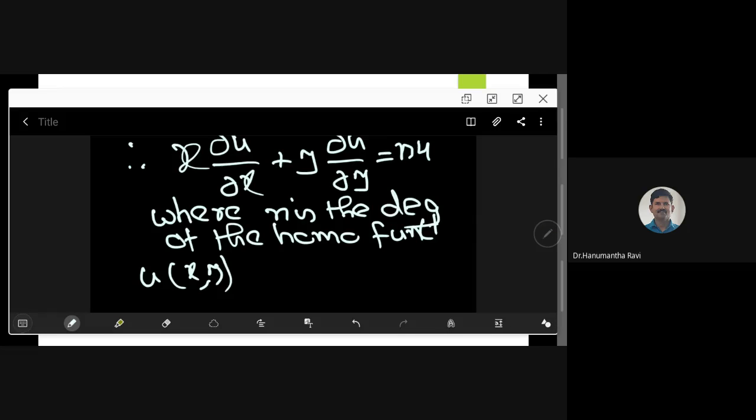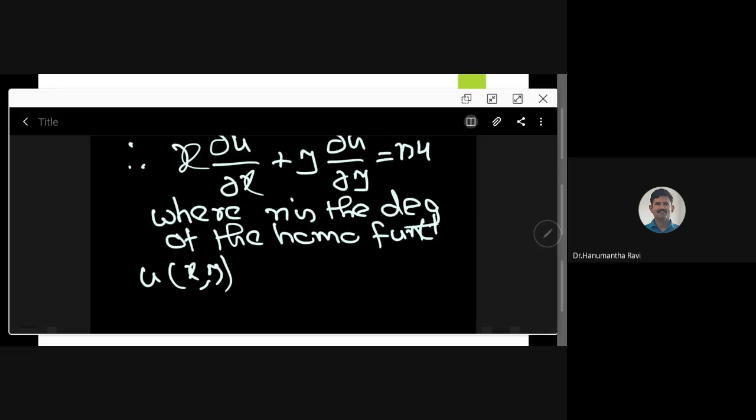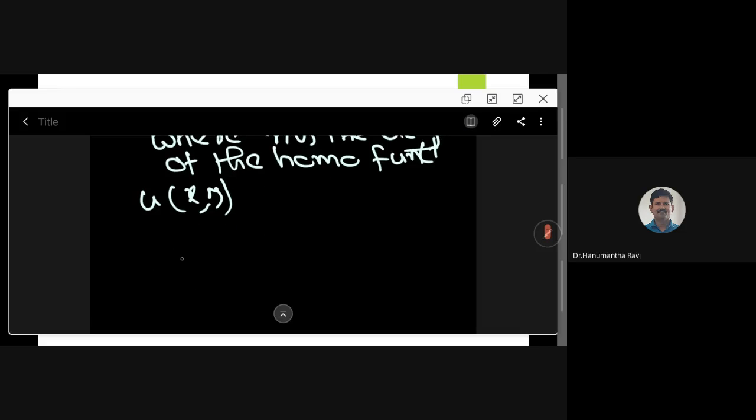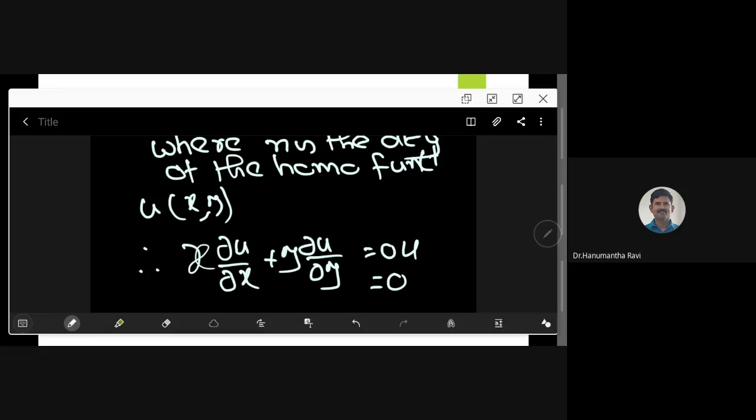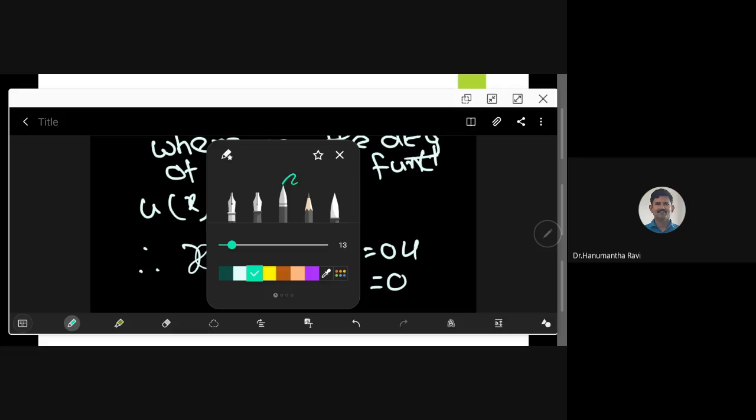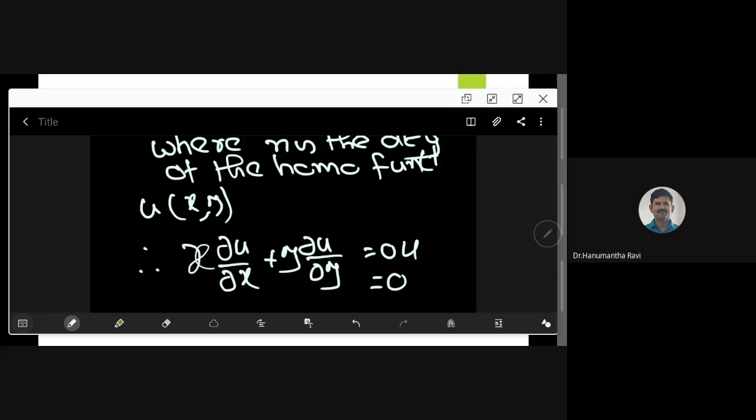In this case, the degree is 0. So therefore, x dou u dou x plus y dou u dou y is equal to 0 into u, that is 0. So the answer is 0. This is a multiple choice question, and in that one, 0 is there. Yesterday I showed the set of problems. So the answer here is 0.